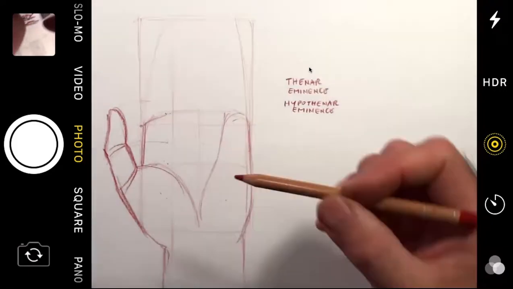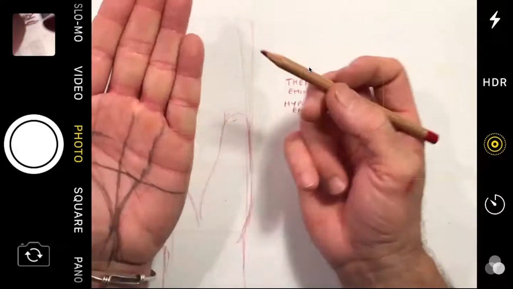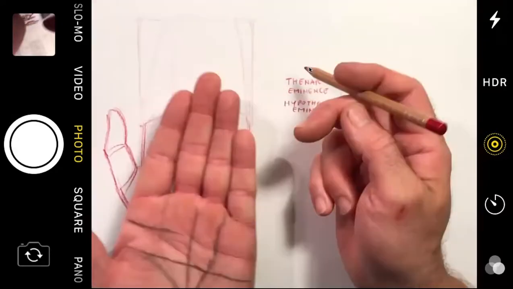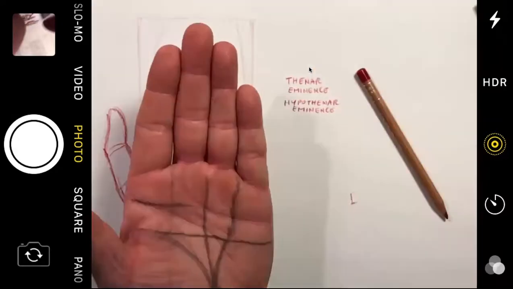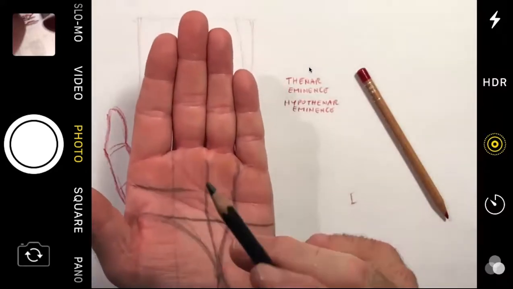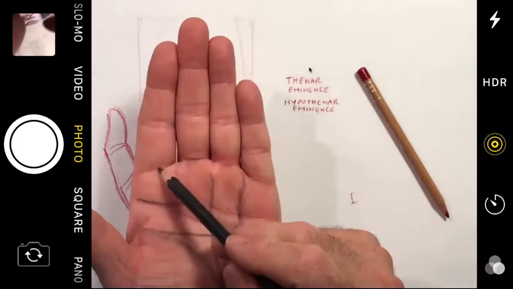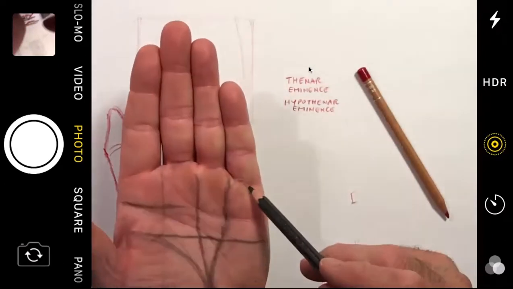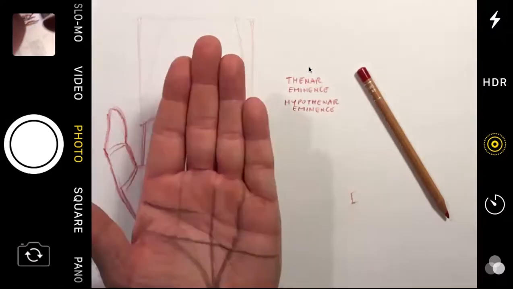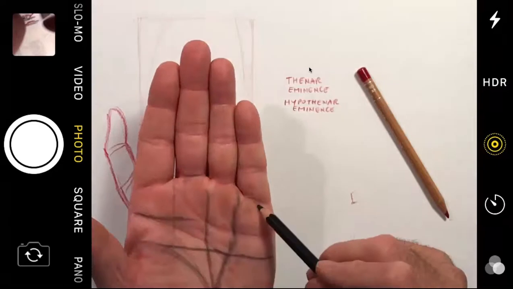So now let's block in the fingers, and we're going to start with the base of the finger. If I look at the base of the finger, I see which one is the highest. This is the highest, because then there's a curve. Look at this now: this is the highest, this is the lowest point, and this is intermediate.